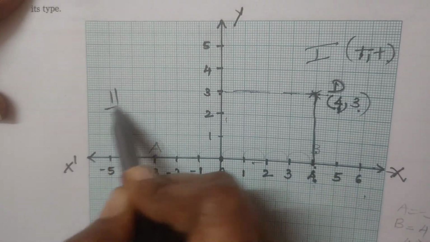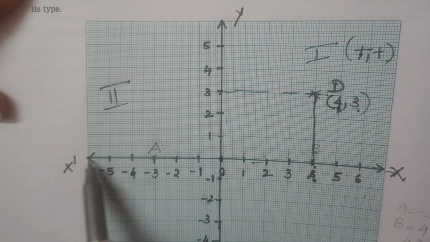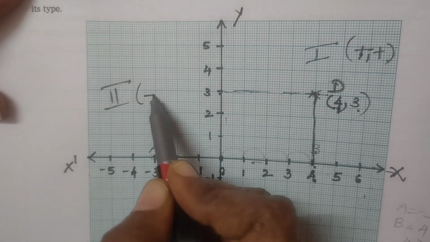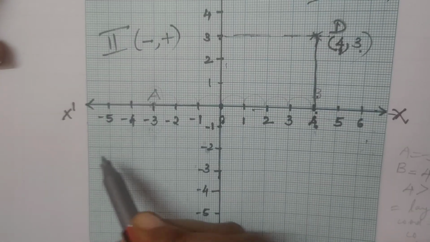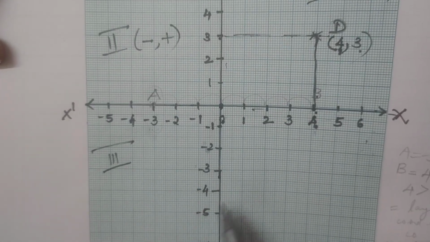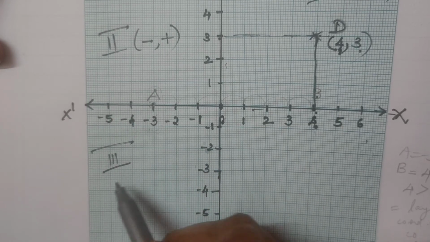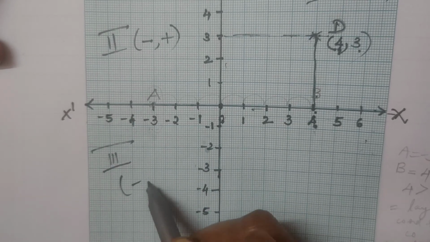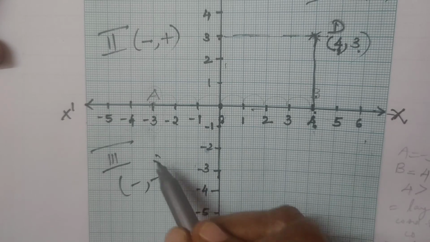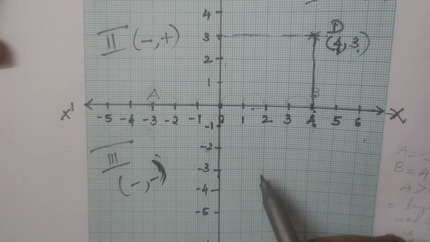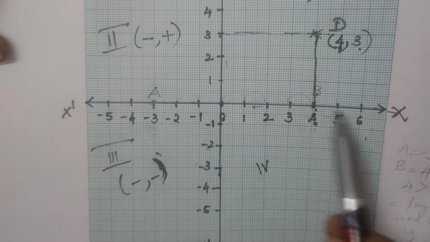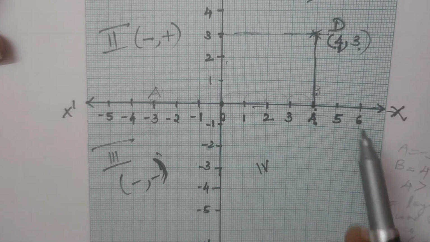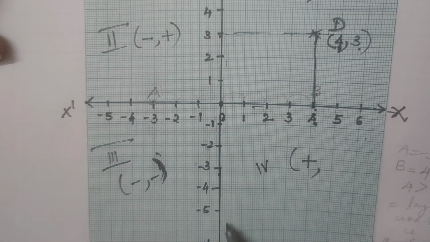And the second quadrant, where we always start from the x, x is what? Negative, and the y is positive. So minus plus. Now the third quadrant, where we have a what? X is minus and y is also minus. Okay. Then we have the fourth quadrant, where what do we have here? Always see the x first, x is positive, and y is negative.